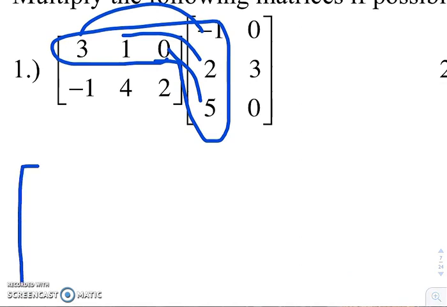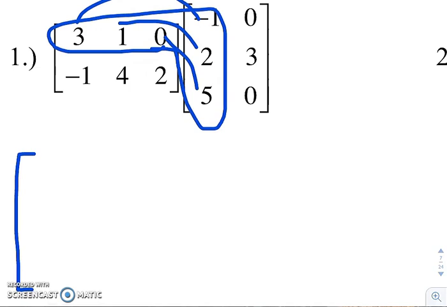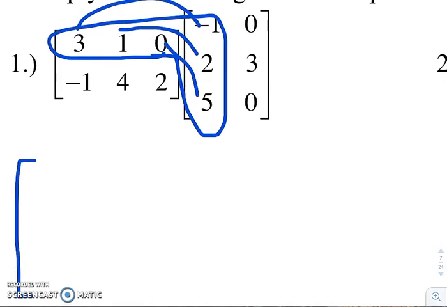If you guys eventually skip this step, that is fine. But 3 times -1 is -3. And then we just add them all together. Plus 1 times 2 is 2. Plus 0 times 5 is 0. So that's the first value.